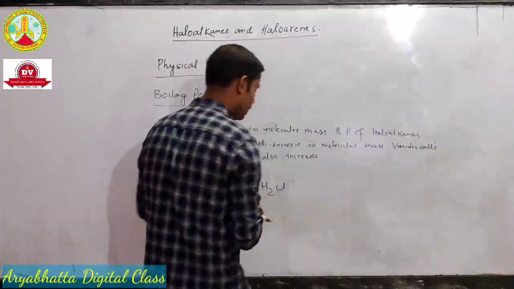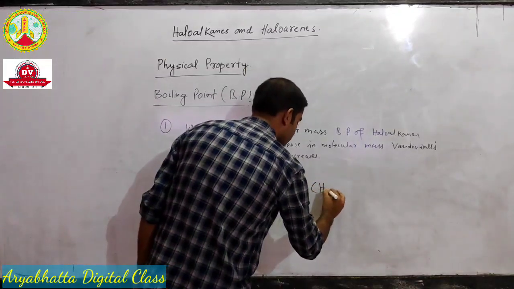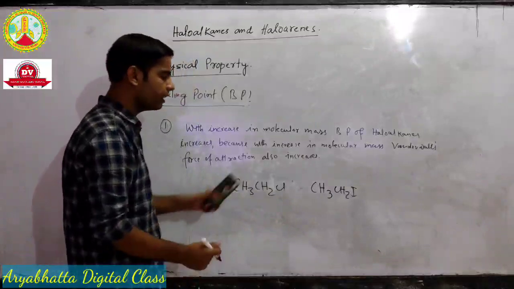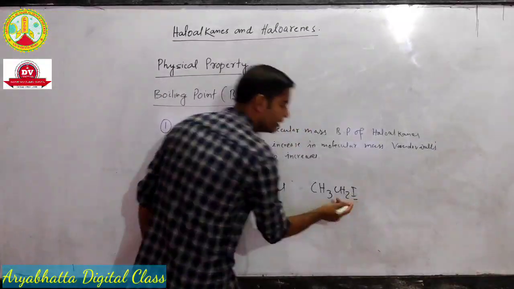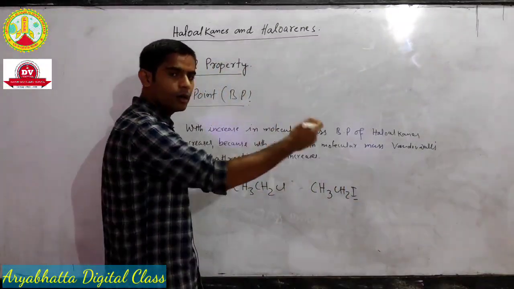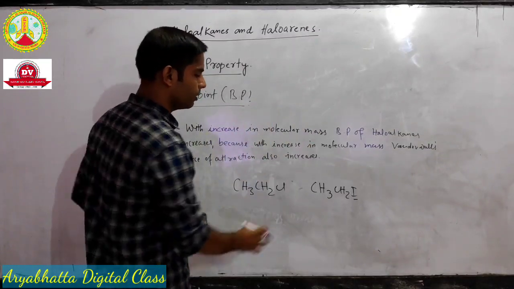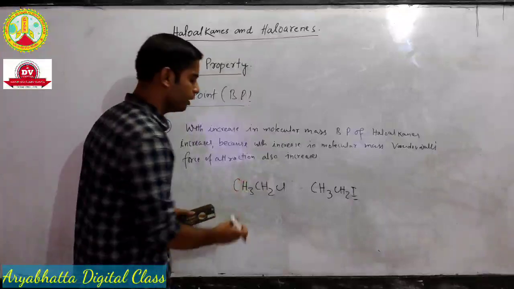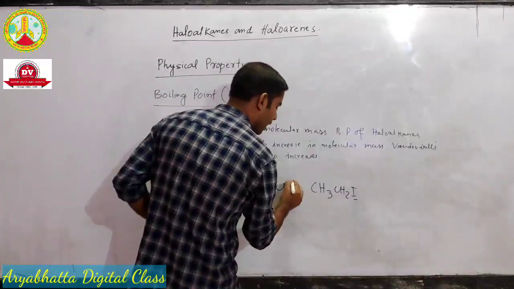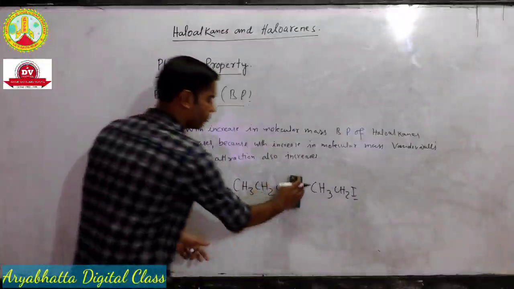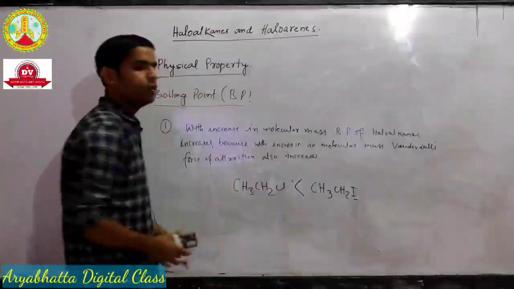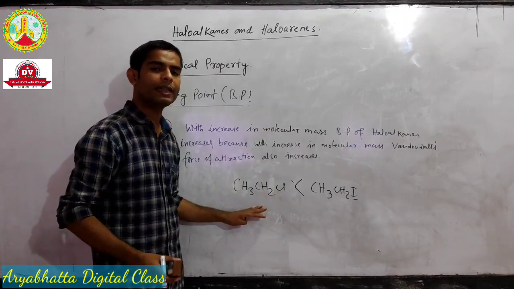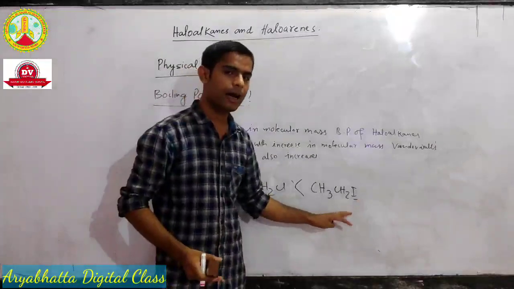Now if we consider iodoethane, iodine has a bigger molecular mass, so this molecule has a higher molecular mass and as a result it will have a higher boiling point. Iodoethane will have a higher boiling point than chloroethane because its molecular mass is higher.